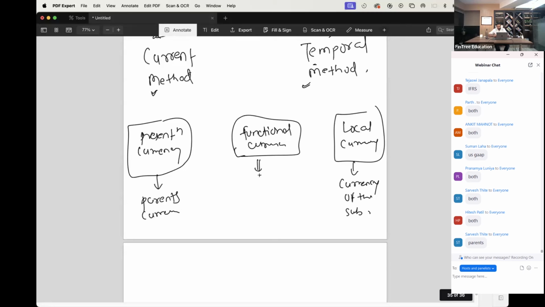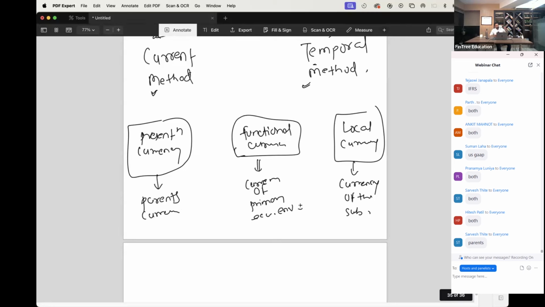So functional currency is the currency of the primary economic environment. Now, both IFRS and US GAAP have a 6-7 point list that helps companies determine what their functional currency is, like some sort of a guideline.